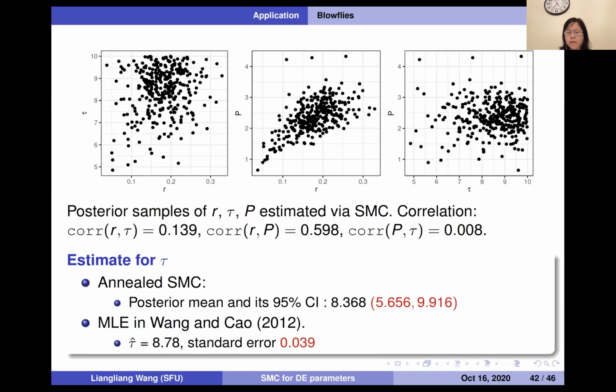So the uncertainty estimation is, in my view, better than the one from the frequentist method, but still it's an ongoing work, and we are working on the evaluation of the quality for the uncertainty estimation.